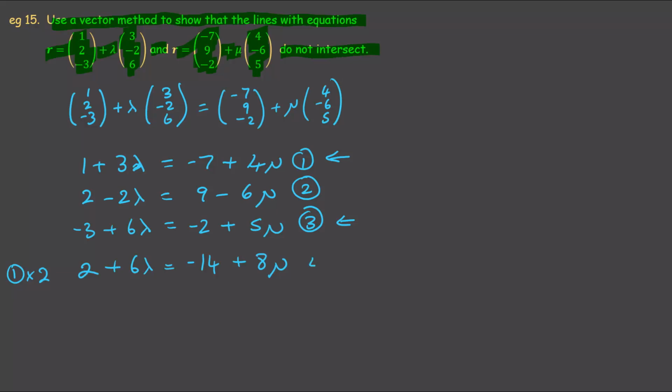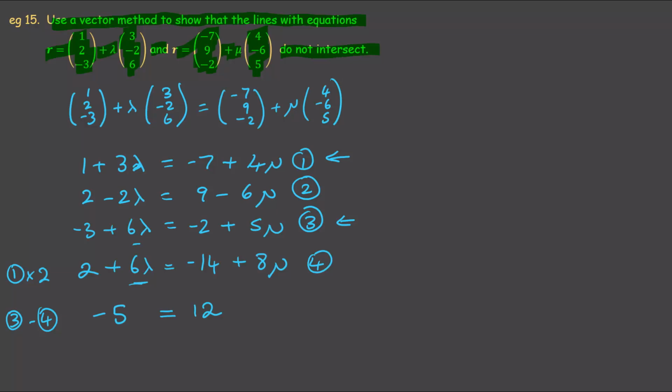If we call that one 4, then if we do equation 3 take away equation 4, that will get rid of the lambdas because we can see we've got 6 lambdas in each one. So -3 take away 2 is -5. The lambdas, of course, will cancel out. -2 take away -14 ends up being 12.